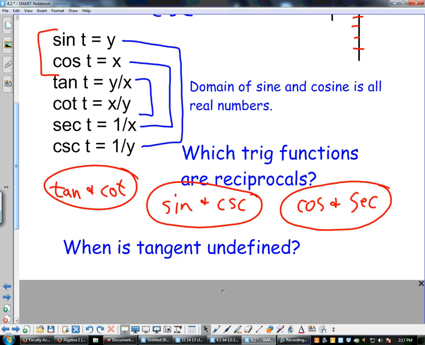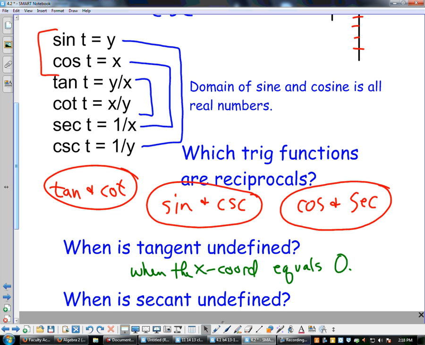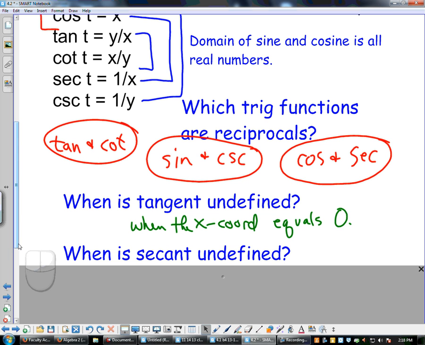All right, so when is the tangent undefined? Whenever the x equals 0. When the x coordinate of our ordered pair equals 0, right? When is the secant undefined? When is the secant going to be undefined?